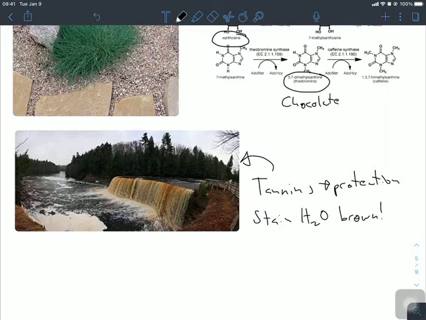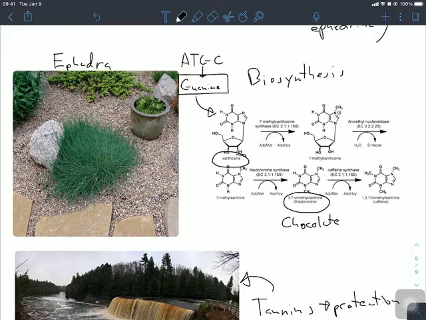These tannins are found in everything from soil associated with very wooded areas. Tannins leach out from roots. But tannins are also found in things that carry caffeine, like coffee. You might be familiar with the concept of putting milk in your coffee. It changes the color from the dark color of coffee to maybe a lighter brown.